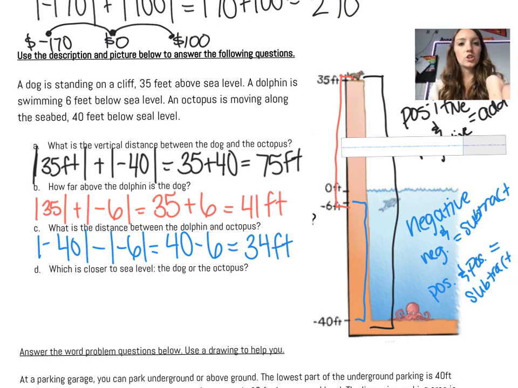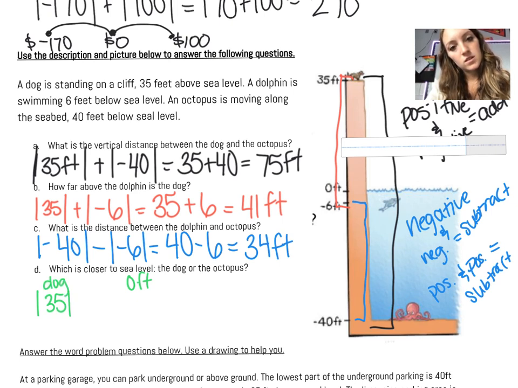All right, final question on here, part D. We're looking at which is closer to sea level or 0 feet, the dog or the octopus. Okay, we're looking at their distance from 0, so that we're going to use our absolute value to help us. So let's find our absolute value of both of them. Our dog is 35, and then the octopus is -40.